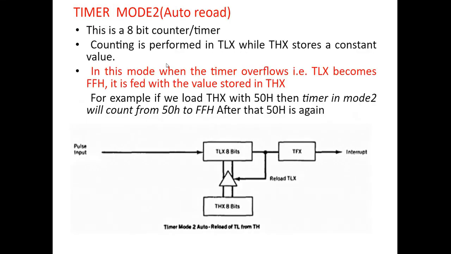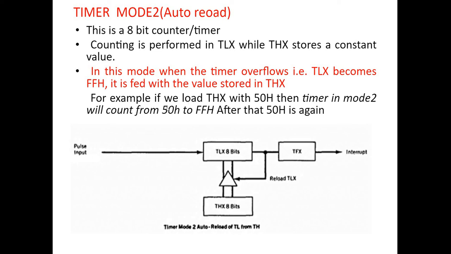Next is timer mode 2, and this is the easiest one and the most useful one among all the modes. This is an 8-bit counter, an 8-bit timer. Counting is performed in TLX while THX stores a constant value. In this mode, whenever the timer overflows, that is TLX becomes FFH, it is fed with the value stored in THX.